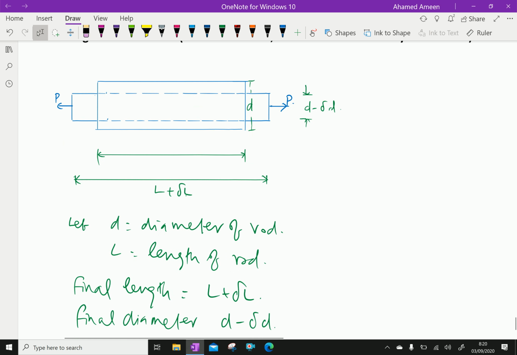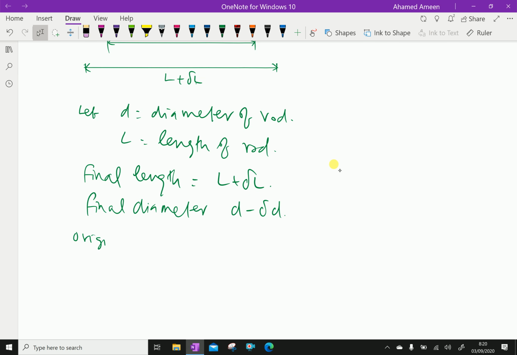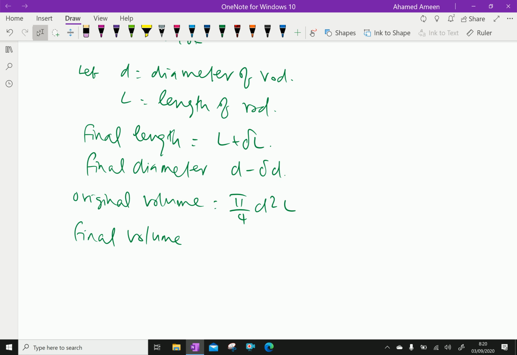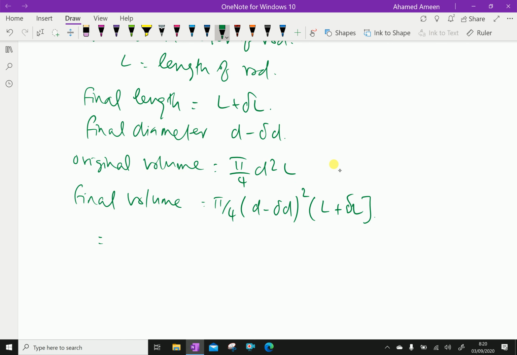Now the original volume is pi by 4 d squared L. Final volume is pi by 4 times d becomes d minus delta d, that squared, times L becomes L plus delta L. Now we'll expand this.